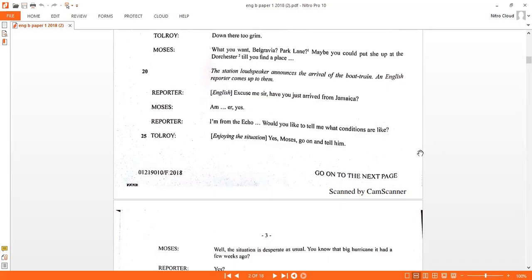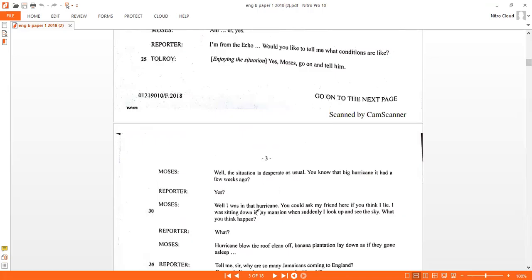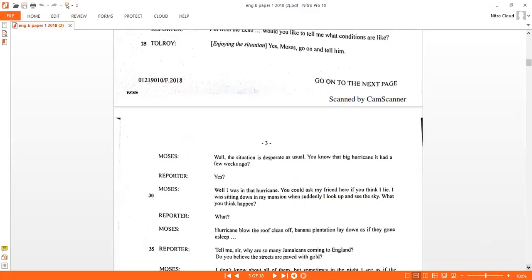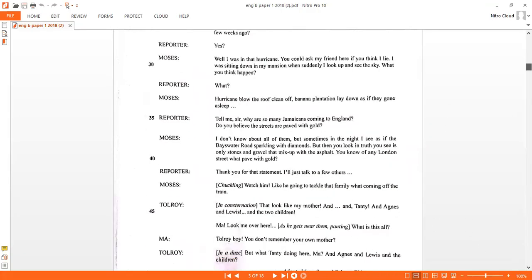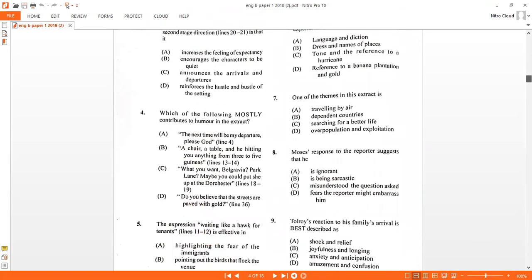And Moses tells him, egging him on, "Tell him, man, tell him." Moses responds by saying he was living in a mansion and the roof blew off. And the conversation goes on. So we know from this that Moses is not ignorant. We know that Moses possibly is being more sarcastic because of even the way he responded to the reporter.